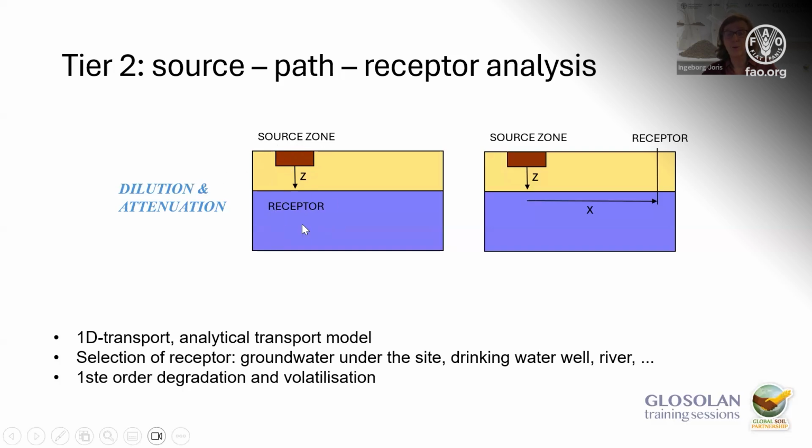So that's the thing you want to protect. If you have a contamination both in the groundwater and in the soil already, then your receptor can be, for instance, the limit of your parcel or some drinking water well or a small river downstream in the groundwater.